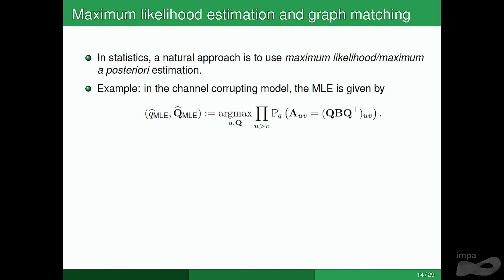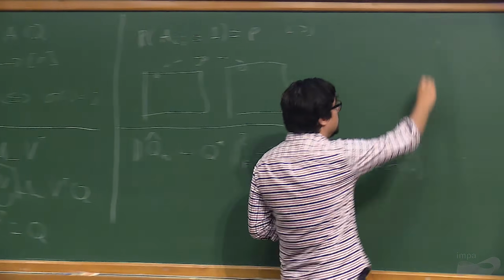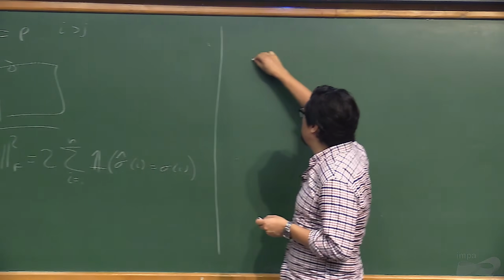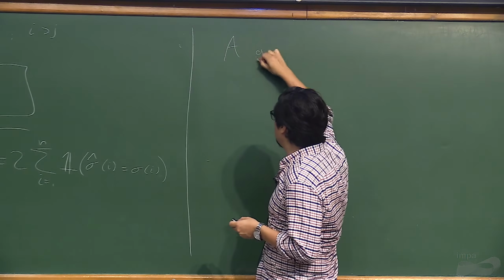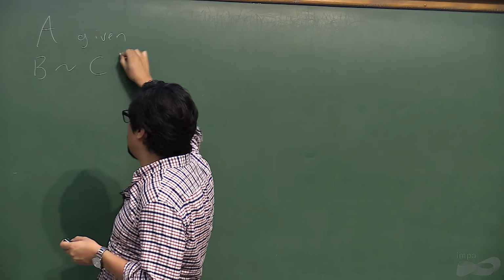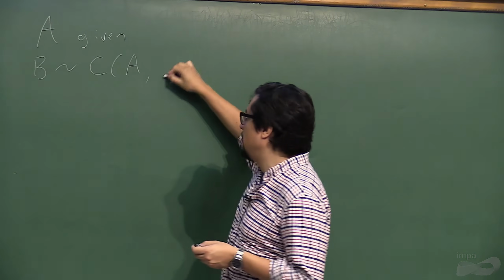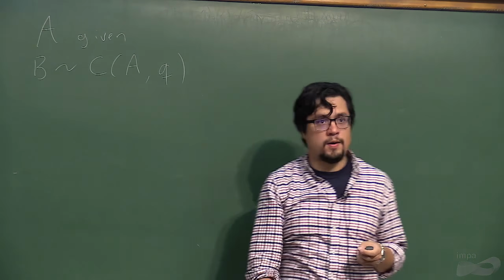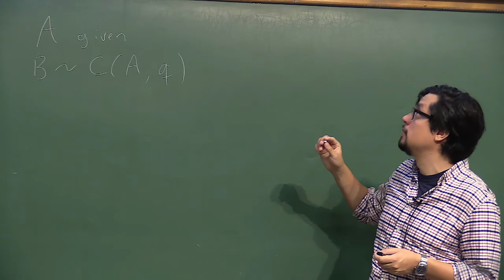We can do this for either the correlated ER model or the channel corrupted model that I mentioned a few slides ago. In particular, for the channel corrupted model, remember that in this model, let me write it here, we have that A is a given graph, and B is going to be a function of A, where the edges are flipped with probability Q, right?